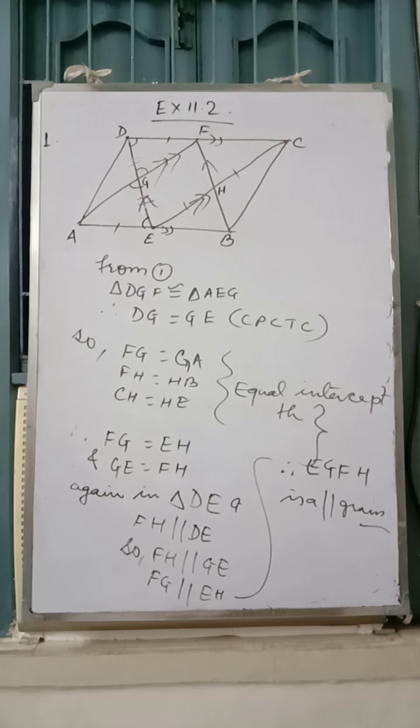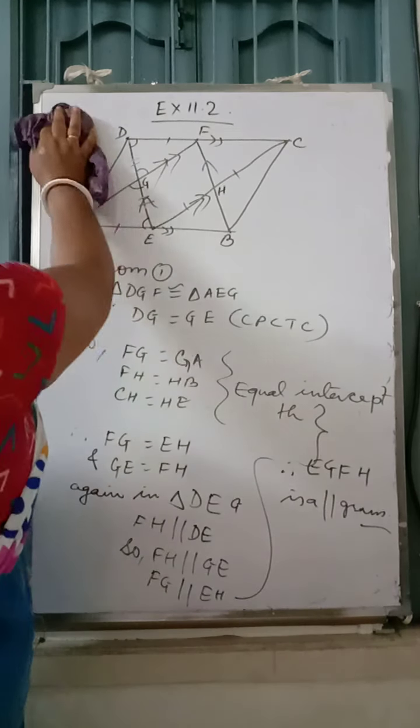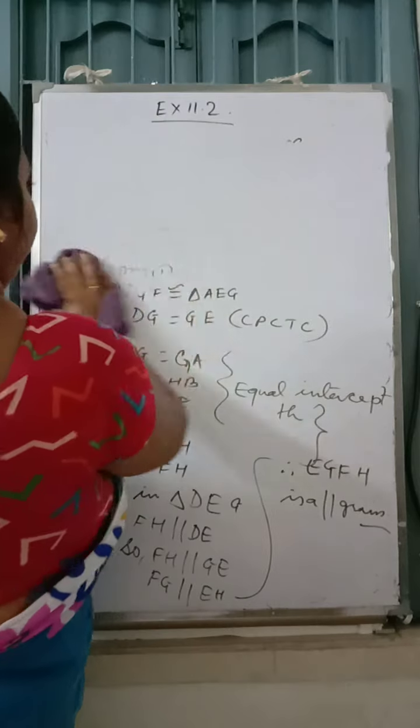Now the next one, I'm just explaining it as the last exercise question. Question number 23 of exercise 11.1. You have done it like this sum. See the figure for question number 2.